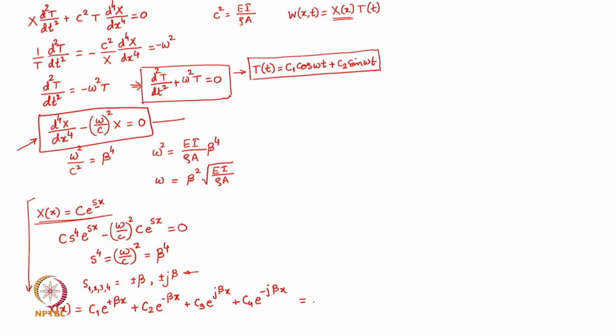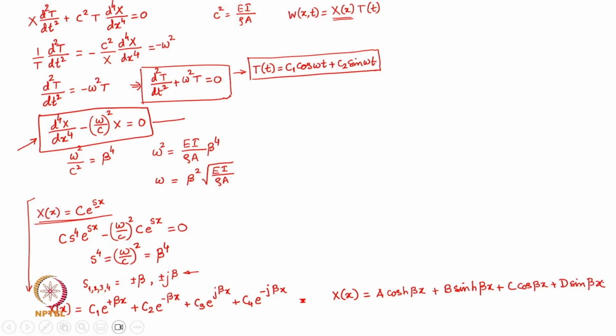Which can be written in an alternate form, which I am going to use. I am basically going to write this same expression as a cosh beta x plus b sinh beta x. So you will find that the hyperbolic functions are going to be part of the general solution here, plus c cos beta x plus d sin beta x.